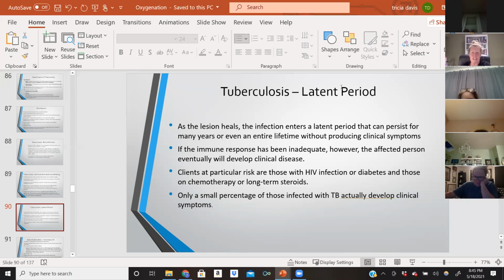If the immune response has been inadequate, eventually the person will develop the clinical disease and they'll get TB. Clients that are obviously at particular risk: diabetes, chemotherapy, long-term steroids, HIV, all the immunocompromised people. And we said earlier, only a small percentage of those infected with TB actually develop clinical symptoms.